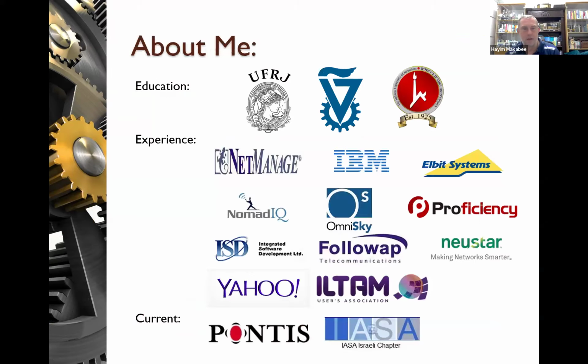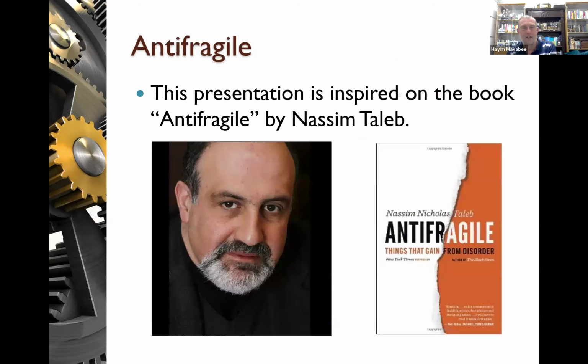First of all, this idea of anti-fragile was created by this very important author called Nassim Taleb, who is originally from Lebanon. He's a Christian, and he has lived in the United States for many years.